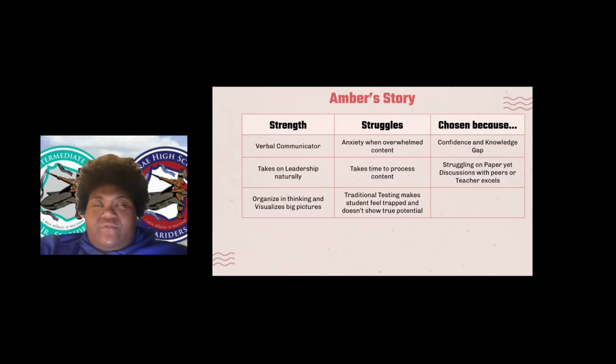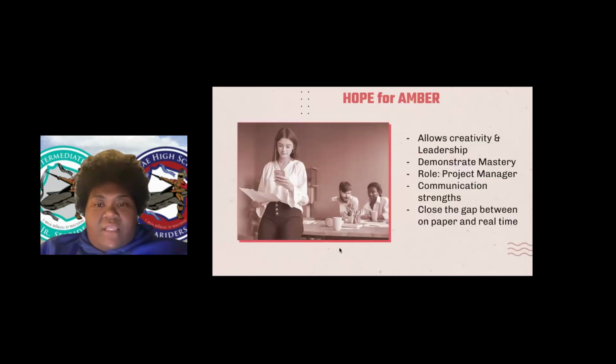And also, I know she's a struggling on paper student, yet when she's discussing with peers or even with me, she excels. So I really feel that this will help her come out of her shell. My hope is that it allows creativity and even more leadership, and she can truly demonstrate mastery in the content that she's going to teach with her group.